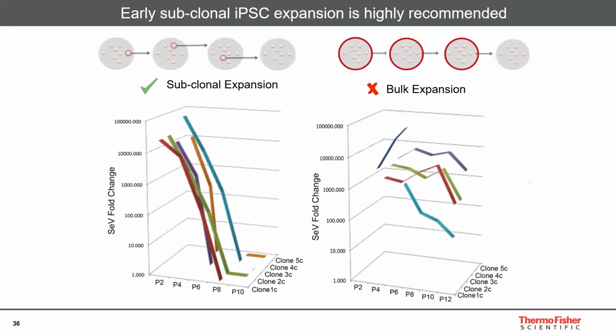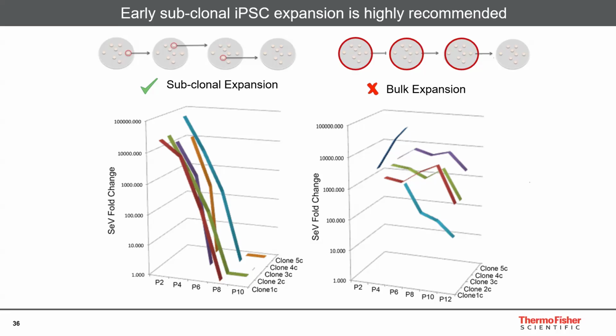Typically, you're not just picking one colony, right? On average, we pick anywhere between 3 to 5 colonies per cell line, or per patient sample that we're reprogramming, and we independently propagate them as clone one, clone two, clone three.